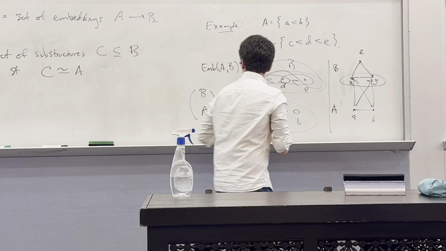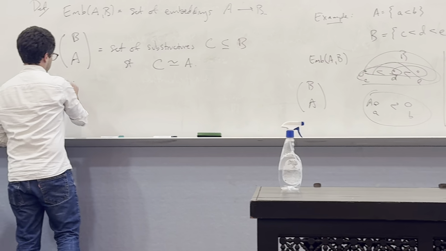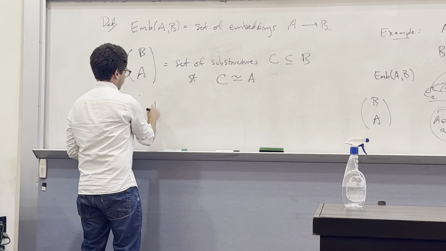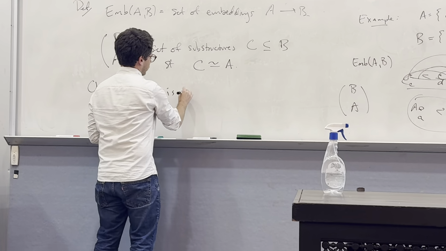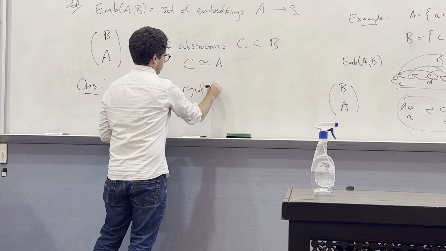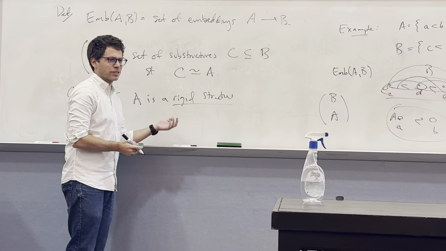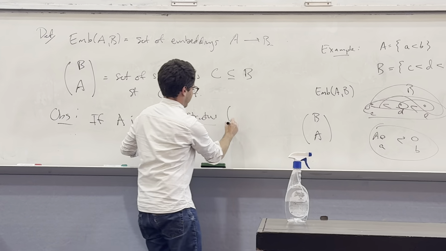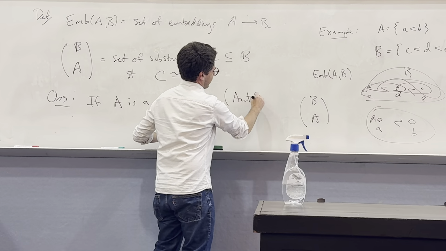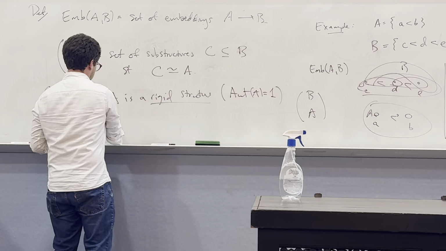Okay. So an observation, which is implicit in what was being said earlier, is that if A is a rigid structure, what this means is that the automorphism group of A is equal to 1, so it has no non-trivial automorphisms.